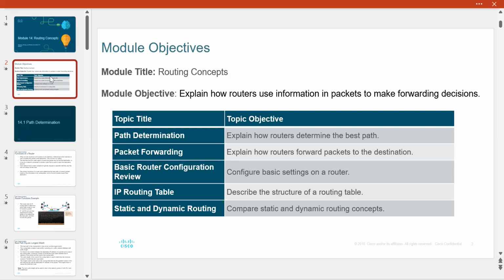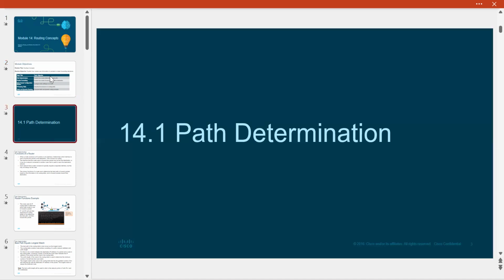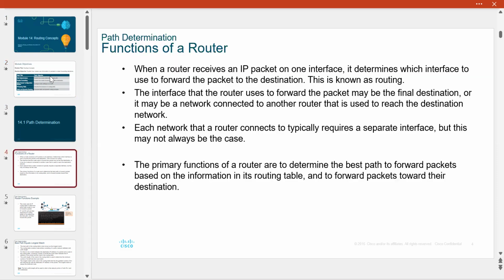So we have determining of the best path and forwarding of the packet. Those are the primary functions of the router. Then we'll discuss basic router configuration, the IP routing table, and static and dynamic routing. Right, so that is everything that we're going to be discussing, starting quickly with path determination.